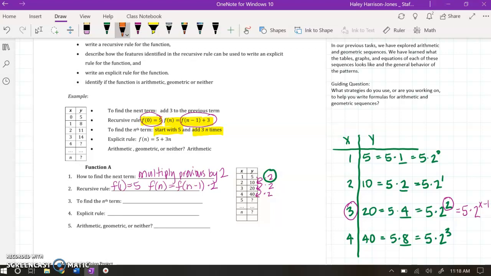Looking at our second term, my exponent is 1 and my x term is 2. So this can also be written as 5 times 2 to the power of x minus 1. This is also true for when x is 1 and when x is 4.